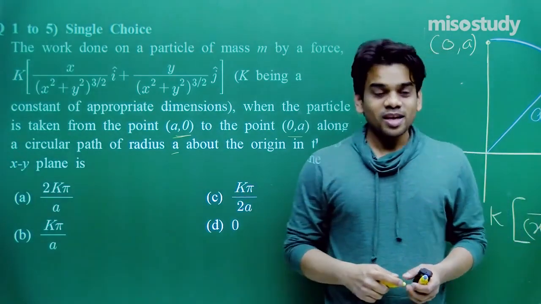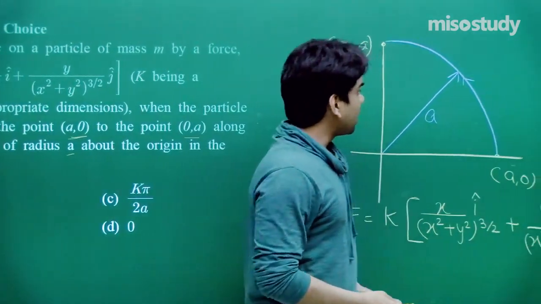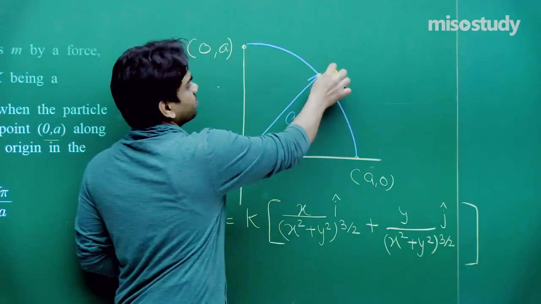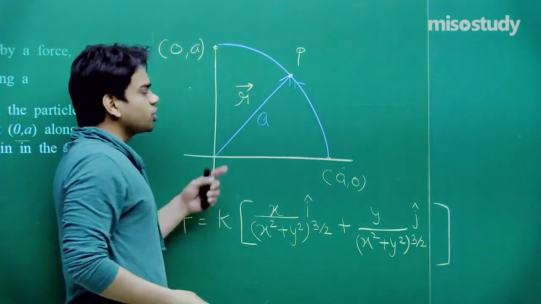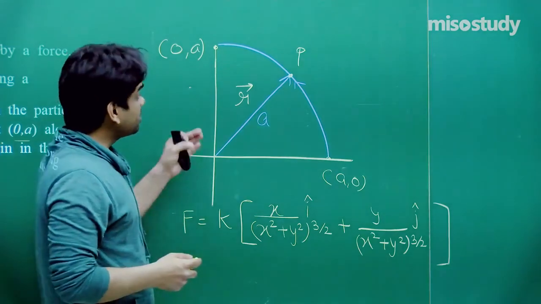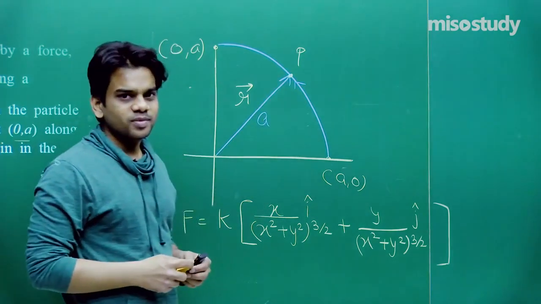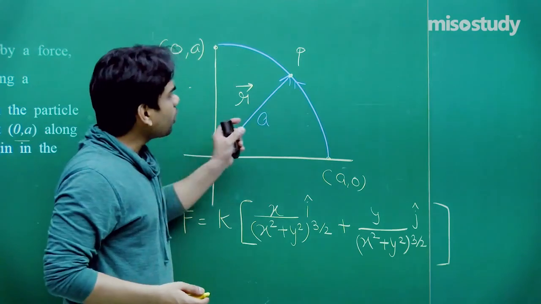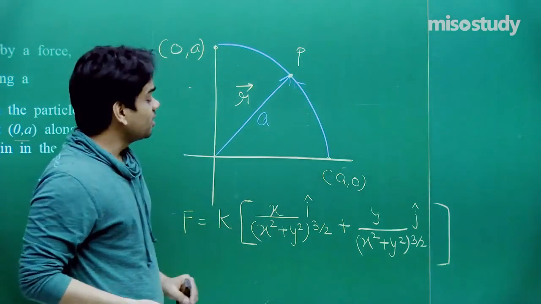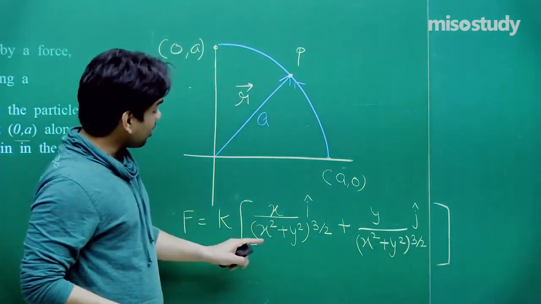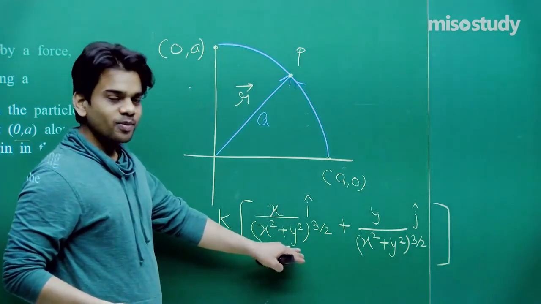Now at any point on its path, let's say the particle is at point P here, and I mark this as vector r, the position vector of the particle. If it is taken through a small distance, we need to find out the work done. First of all, along what direction is the force acting? Let's try to find that out.